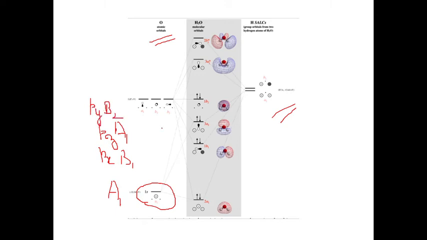So the three symmetries are represented like this. Now these three orbitals, and here in the SALC, the wave functions are in a reinforcing pattern.